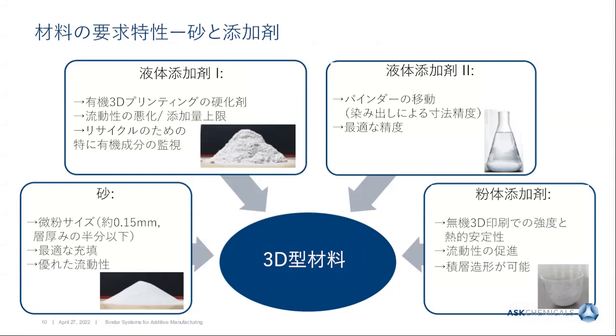Looking at the molding material that can be used, starting in the bottom left of the sheet, the sand is mostly very fine sand in terms of casting, or coarse sand. We're talking about an average particle size of about 150 microns. Usually, as a rule of thumb, you could say it should not exceed half of the layer thickness to be really usable in printing.